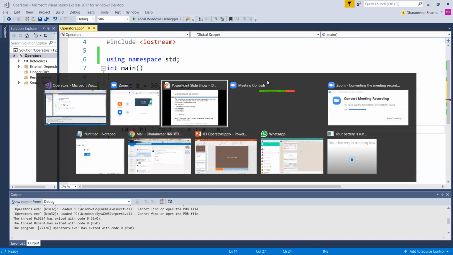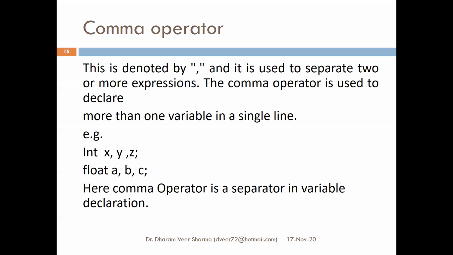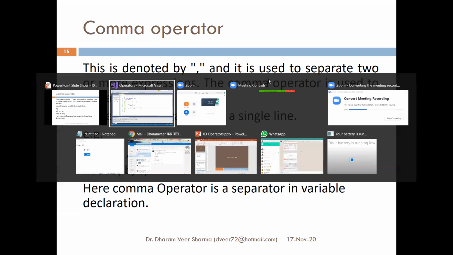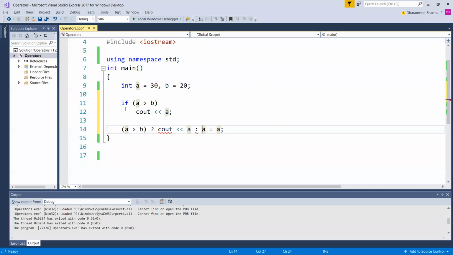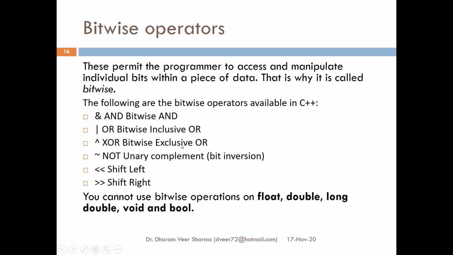Let me just see which other operators are there. Ternary we have already discussed. This is the conditional operator. Let me run it once and see what the result will be. The first statement will be executed: 30. If it is true, it will cout a, otherwise nothing will happen. Okay. 30 is 30, whatever the value is, it will come. Comma operator, I think we need not discuss this; it is used very frequently.